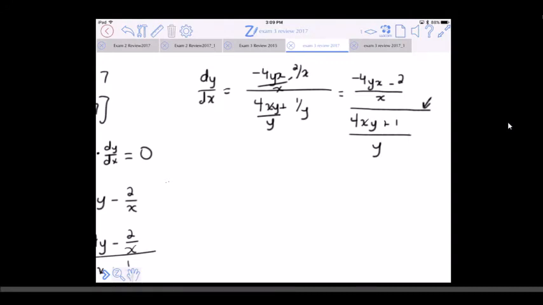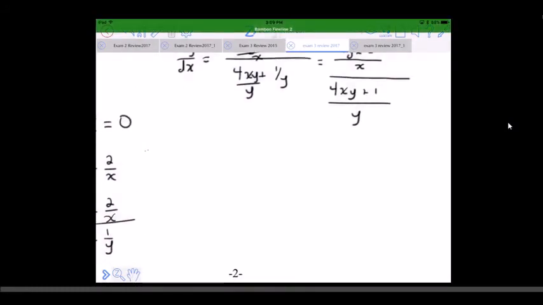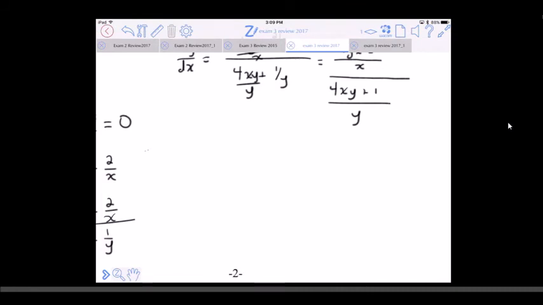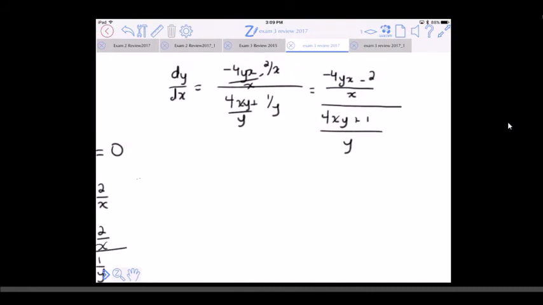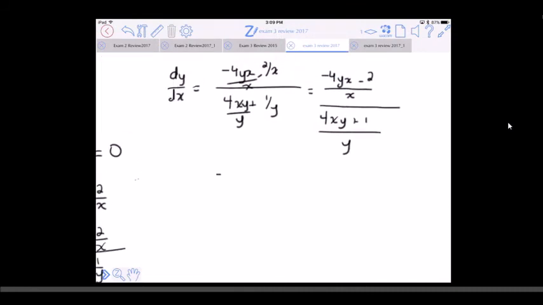Now this fraction bar really means divide, and when you divide two fractions, you can multiply by the reciprocal here. So I'm going to change this to a multiplication problem, so negative 4yx minus 2 all over x, multiplied by the reciprocal here of y over 4xy plus 1.